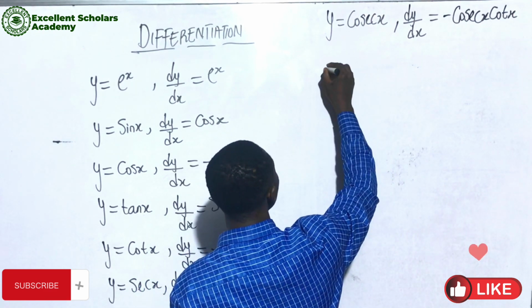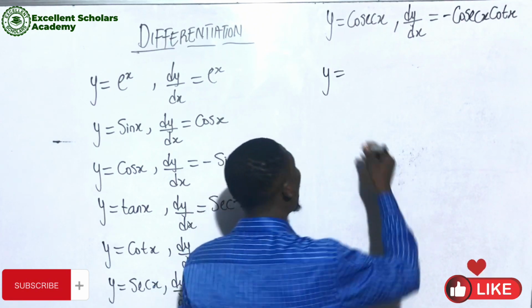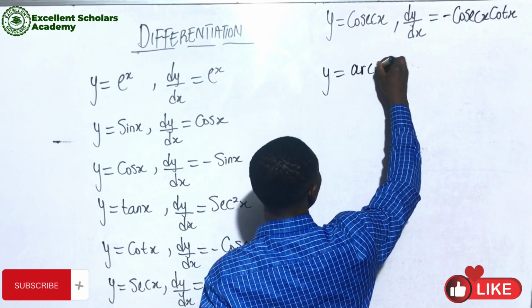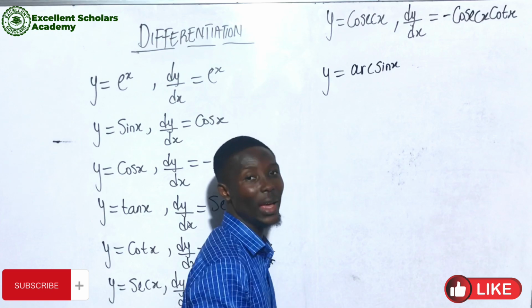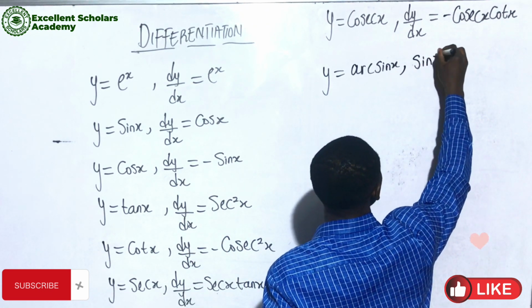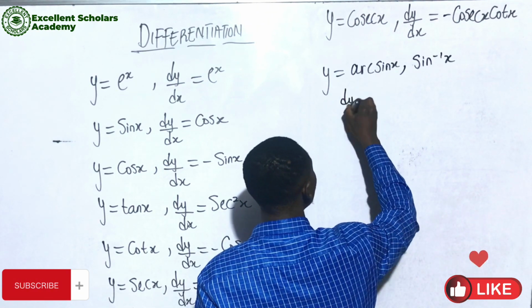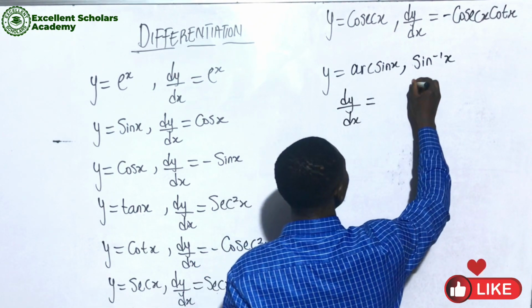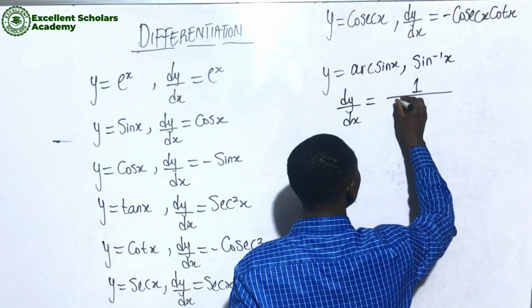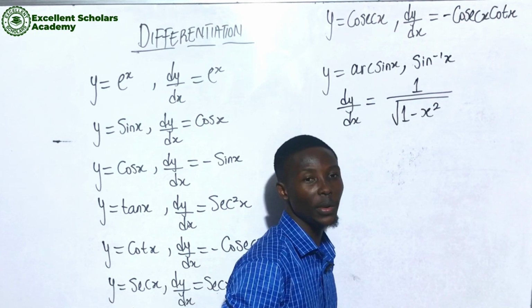Okay? So if you're given a function y is equal to arc sine x, now arc sine x is also the same thing as sine inverse of x. Hope you know. So differentiating this, you have it that your derivative is going to be 1 over square root of 1 minus x squared.